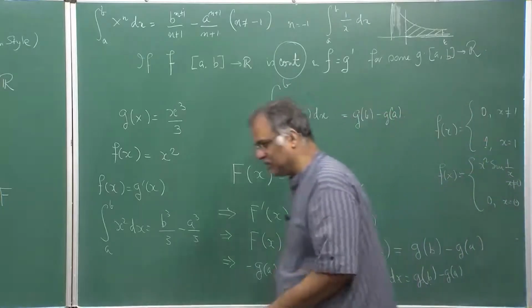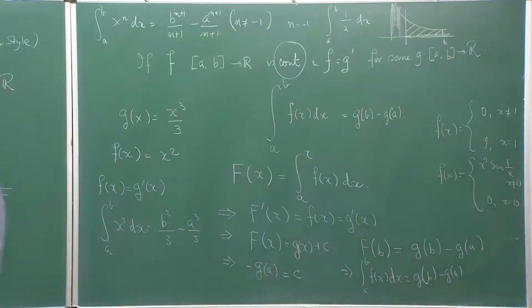This is a differentiable function, but its derivative is not a continuous function. So, g is a differentiable function and its derivative is the function f, so it need not be continuous, but we are expecting that it is a bounded integrable function.